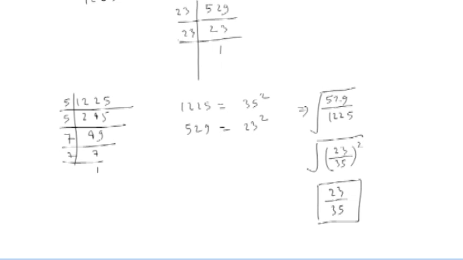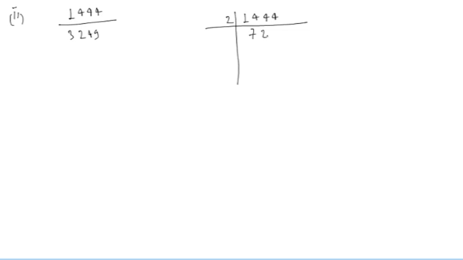So in this way. And the second question, just see one more question. 1444 upon 3249. So 1444, and 361. 361 is the square of 19.